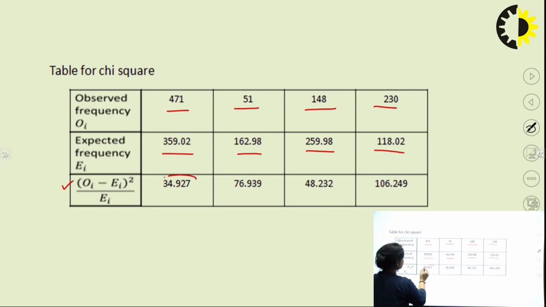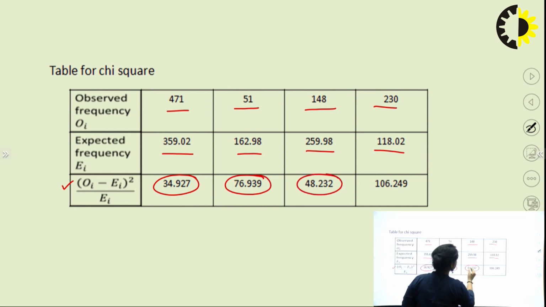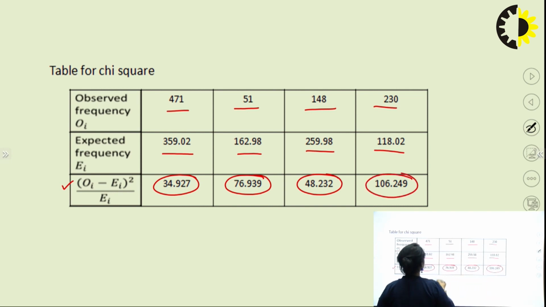So this comes out to be 34.927, 76.939, 48.232 and 106.249. What we have done, we have subtracted these two values correspondingly, then taken their squares, and then divided by the EI respectively.